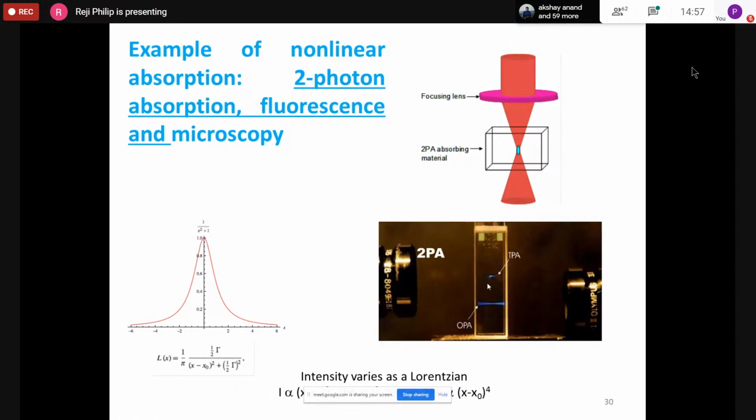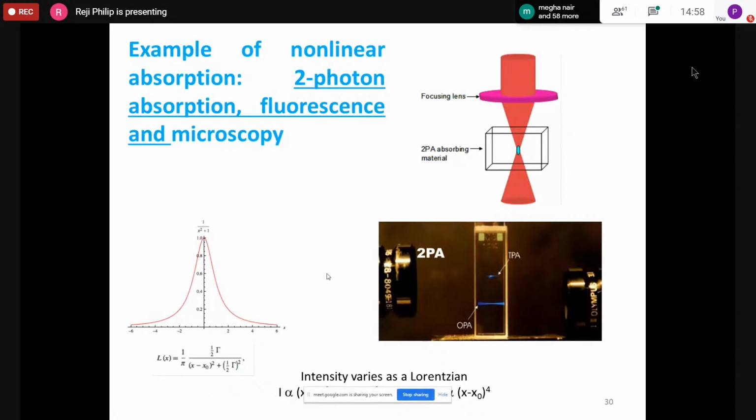So I have to give you an example here. A very good example is that of the dye rhodamine 6G. So this dye is a laser dye, and it's a very good fluorescing material. So if you excite your dye with 532 nanometers, which is green color, the second harmonic output of an Nd:YAG laser, then it will emit in the yellow and red region.